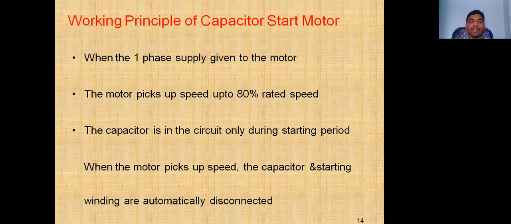The capacitor is in the circuit only during the starting period. When the motor picks up speed, the capacitor and starting winding are automatically disconnected with the help of the centrifugal switch.